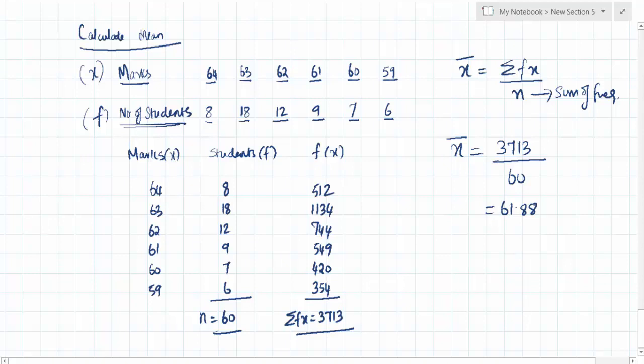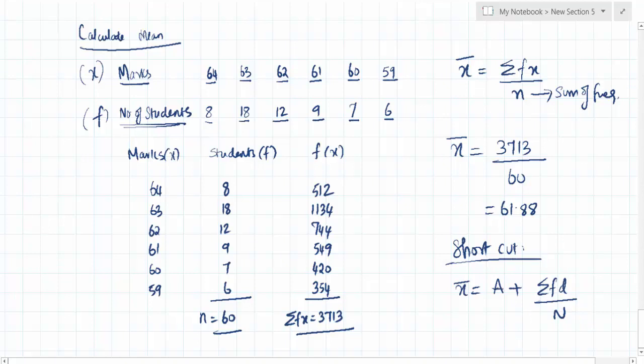You can also have another formula that is called a shortcut based formula for finding the arithmetic mean when you have grouped data. Okay, so the shortcut based formula will be like this: x bar is equal to the arbitrary number which you have to select from the variables plus summation of fd divided by n.